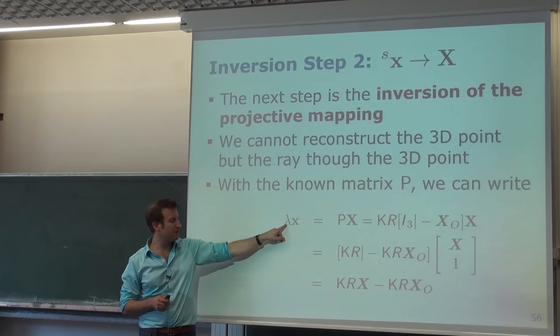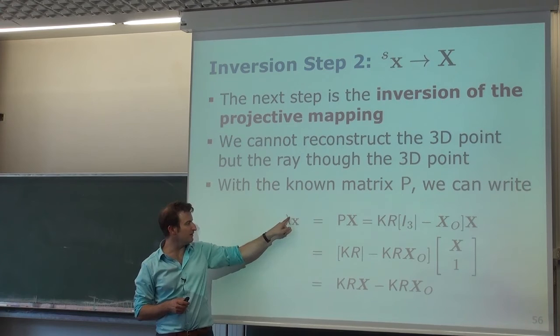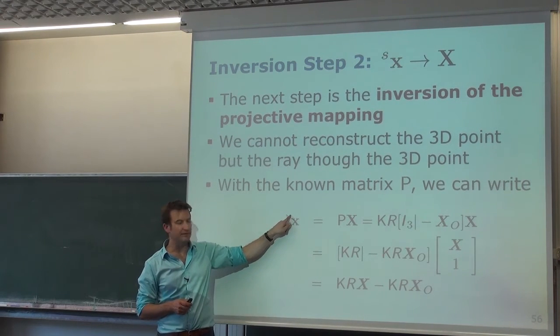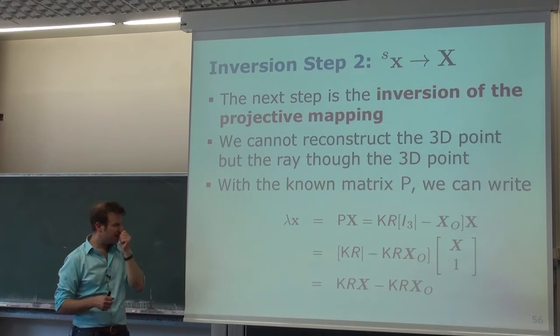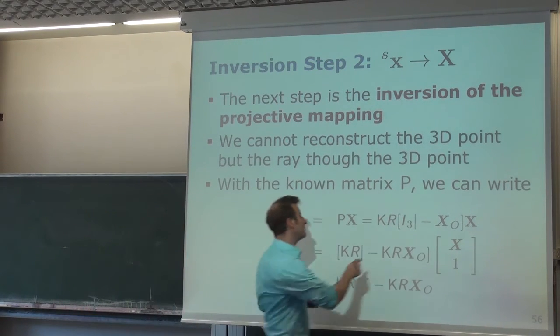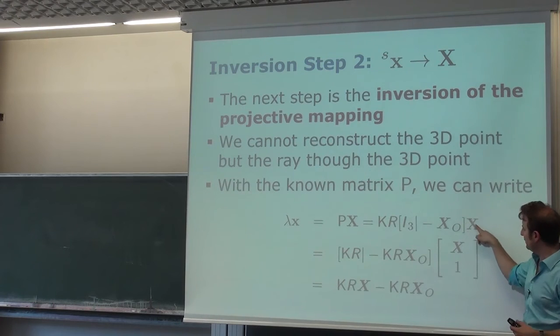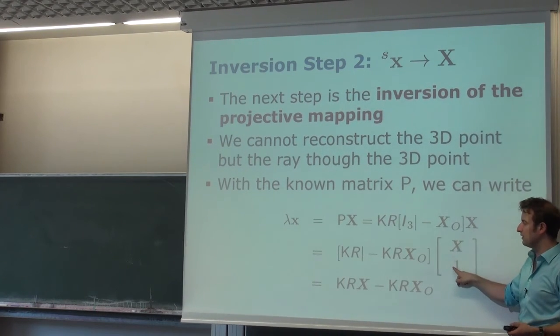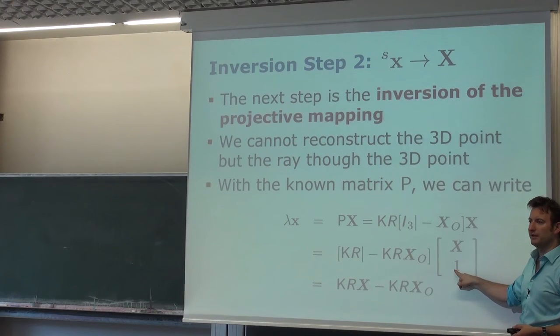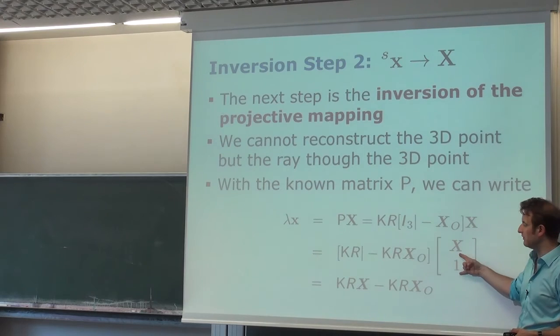To be clearer, here there should actually be a superscript S. And I can say, okay, that's fine. I can simply rewrite this variable here as a homogeneous vector consisting of my Euclidean vector and my 1 over here. It's the definition of the Euclidean vector.